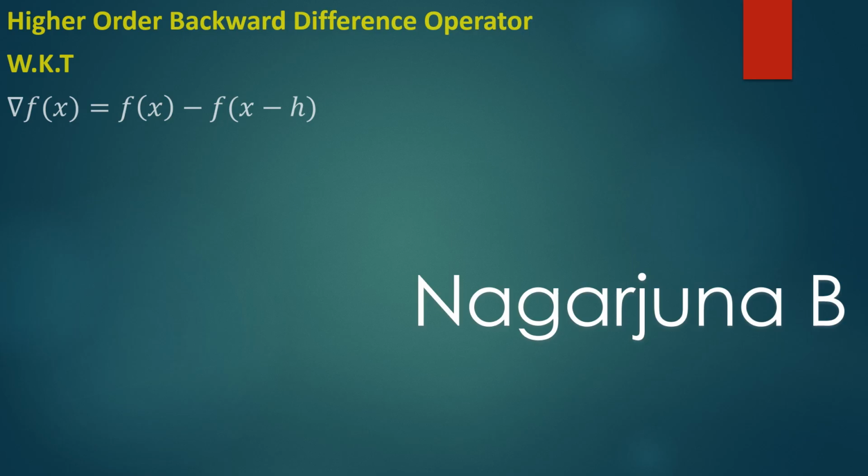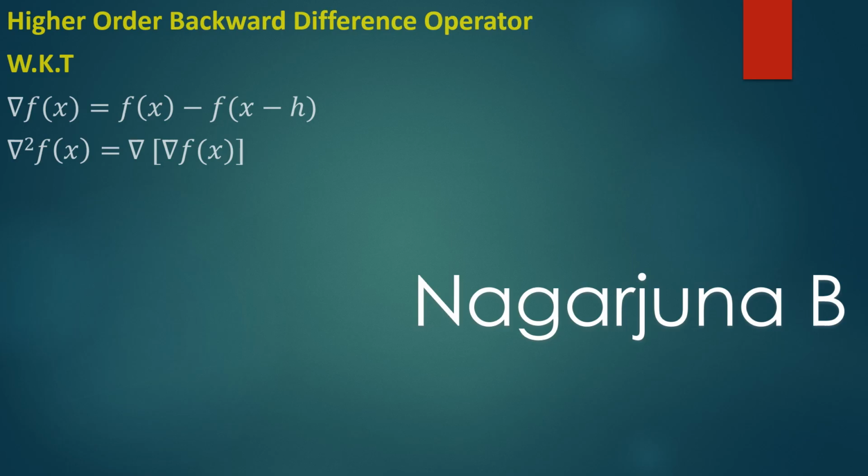Now del square f of x, that is the second order backward difference, is equal to del into del f of x. And here when we substitute del f of x and simplify, we get del square f of x.